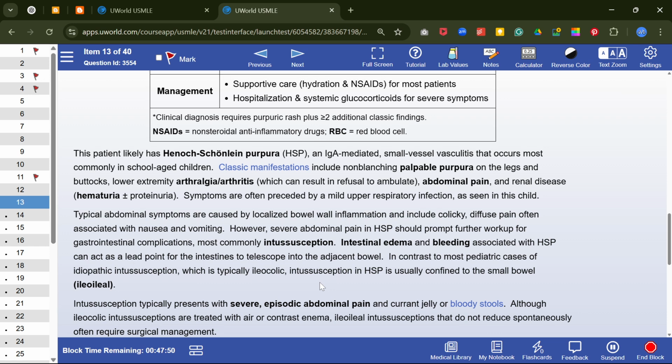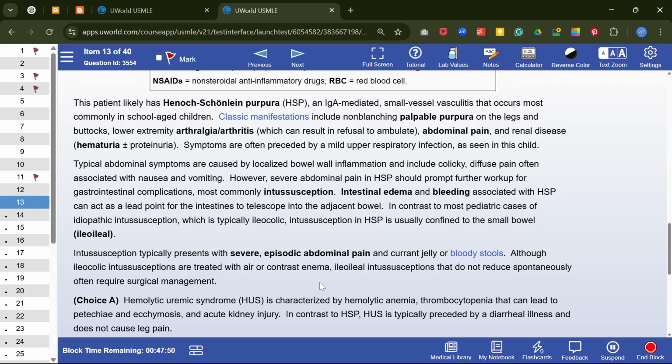In contrast to most pediatric cases of idiopathic intussusception, which is typically ileocolic, intussusception in HSP is usually confined to the small bowel, ileoileal.